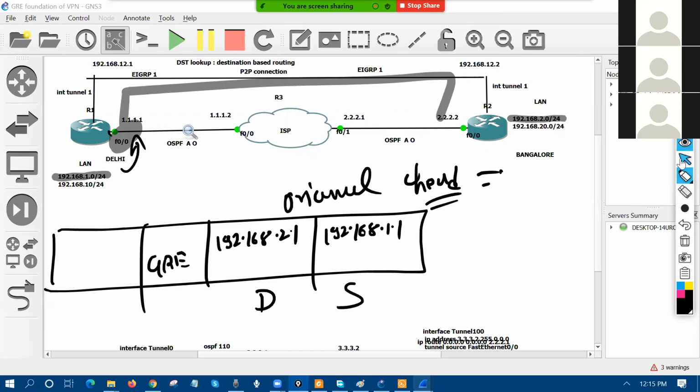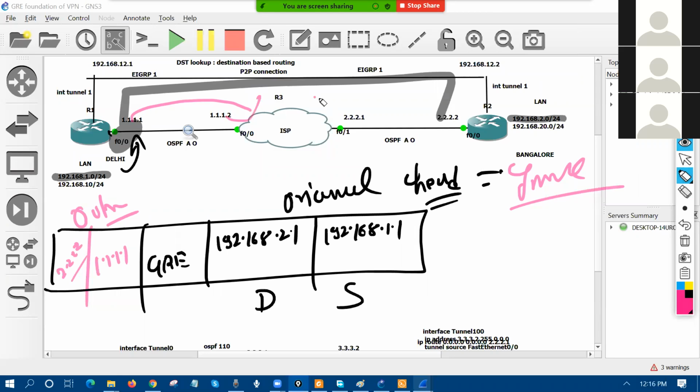So now this packet is going to be encapsulated with 10.1.1.1 as the source and the destination will be this guy, 202.2.2.2. Now this will become the inner header, and this will become the outer header. So when the packet is coming to the ISP, the ISP is going to look up the outer header, because the ISP does not have any idea of this way.